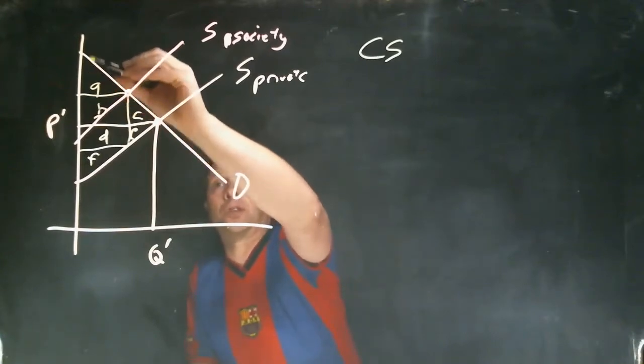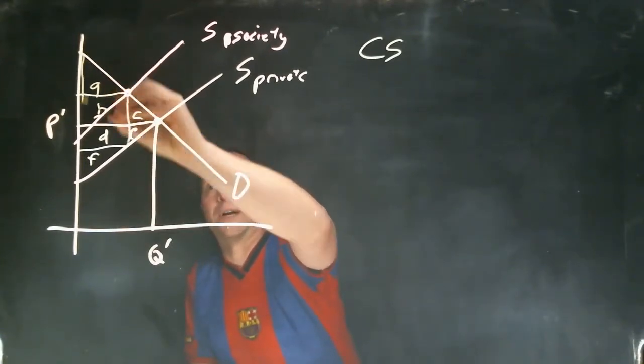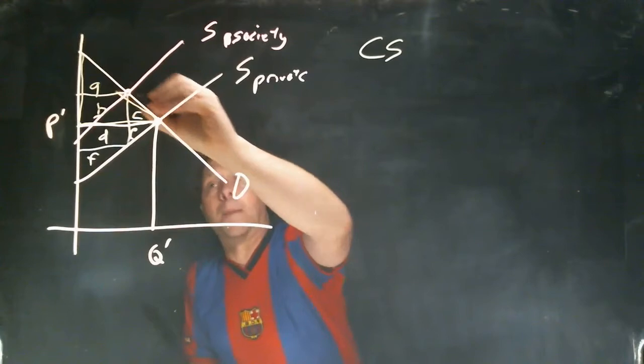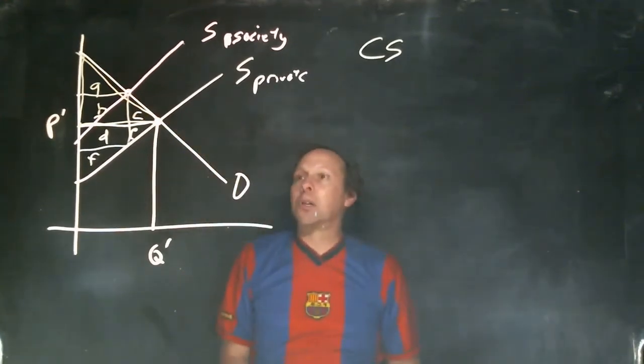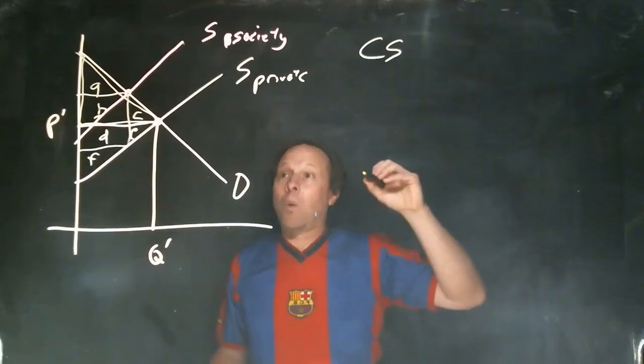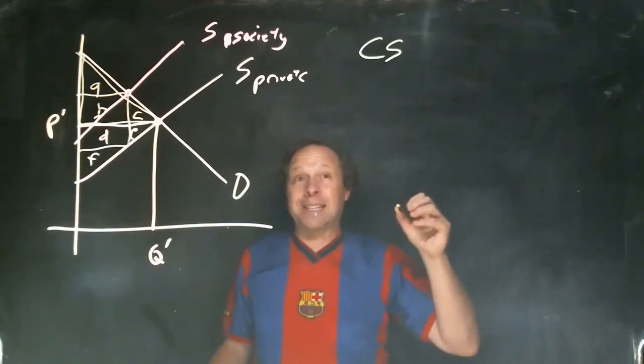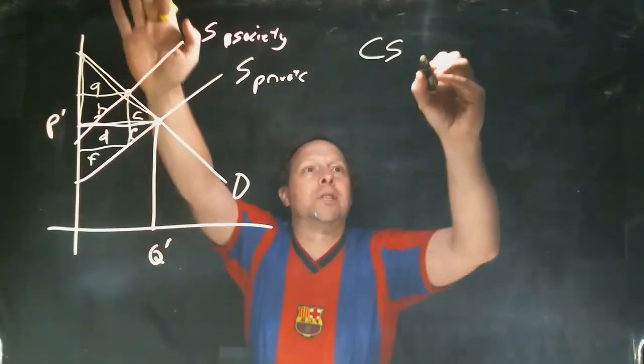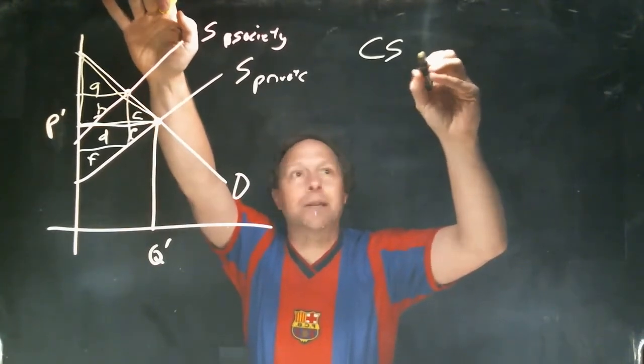So the consumer surplus before we put this tax on is this area above price and below demand. So the consumer surplus was A plus B plus C, but after the imposition of the tax, it's only A.